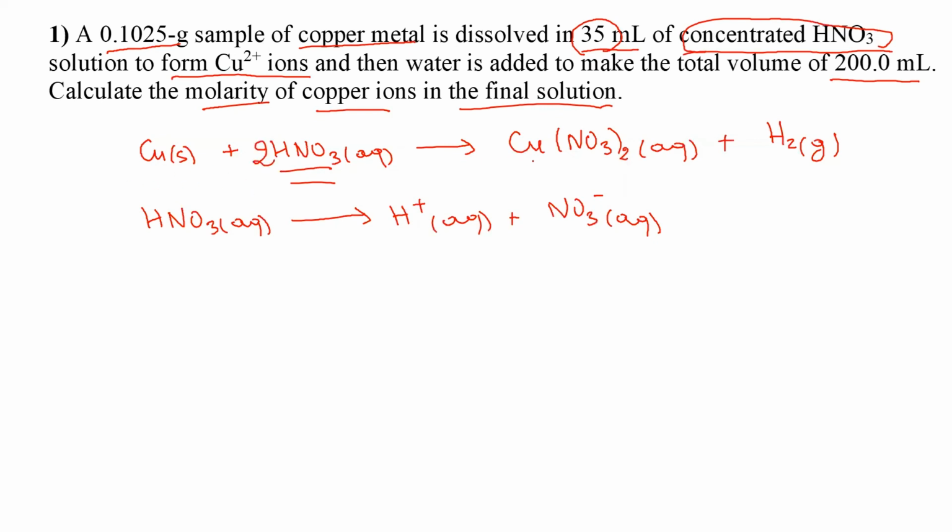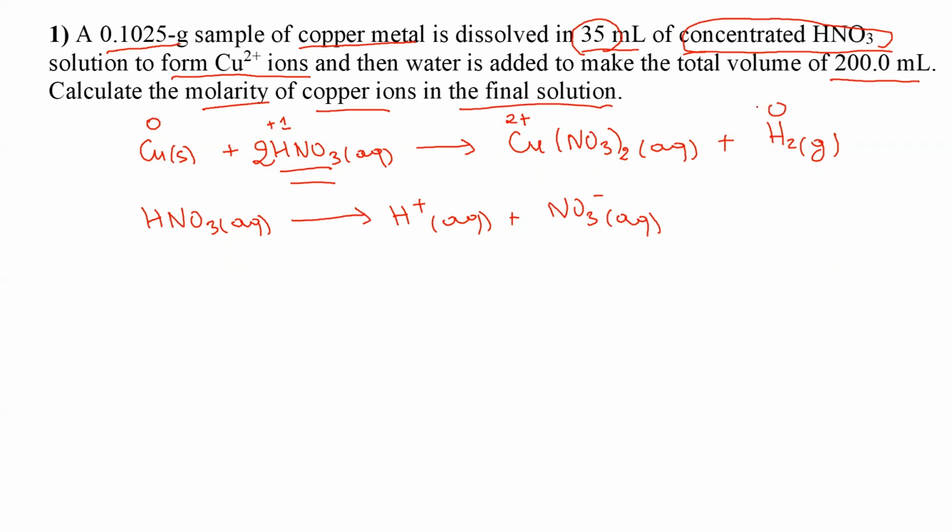So copper, 2 hydrogen gas, 2 nitrate ion, 2 nitrate ion. Okay, and we can see that here the oxidation state of copper is 0, and here it's oxidized to 2 plus. Okay, and here the oxidation state of hydrogen is +1, and it is reduced to 0. So we know that this is an oxidation-reduction reaction.